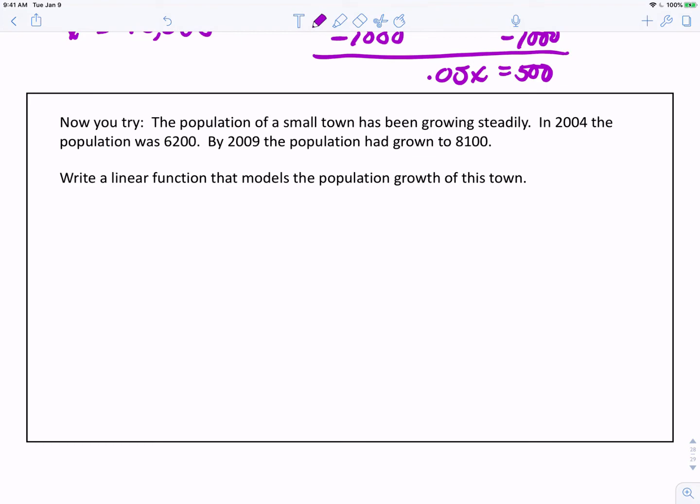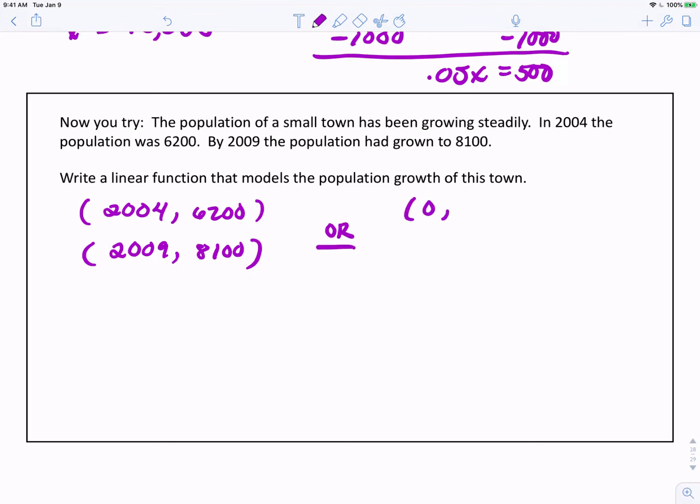So let me help you get started. You have two choices. You can use the given years and the populations. So that would be 2004, 6,200, and 2009, 8,100. Find the slope, use the point-slope formula, or you can make it a little simpler by going 0, 6,200, and 5, 8,100.